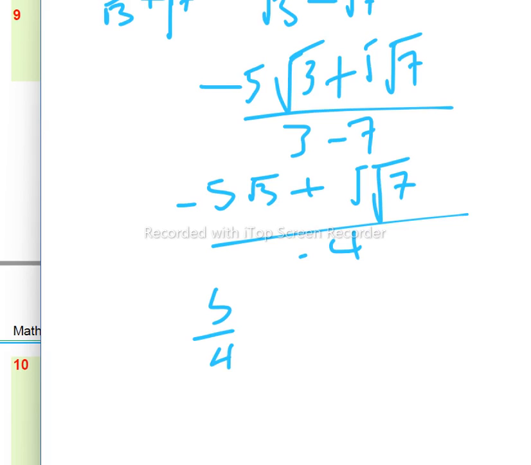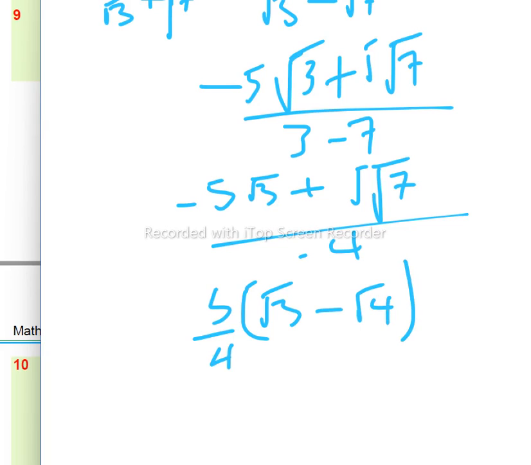Here we have 5 on both sides, and you can write like this: 5 over 4 times square root of 3 minus square root of 7.